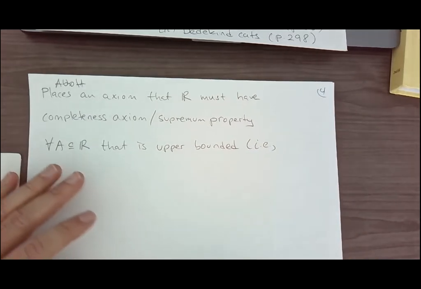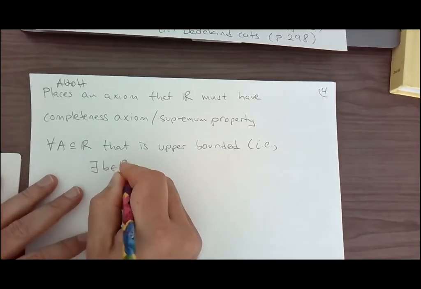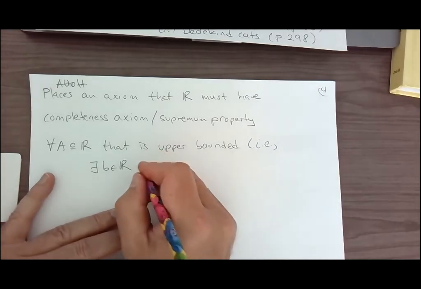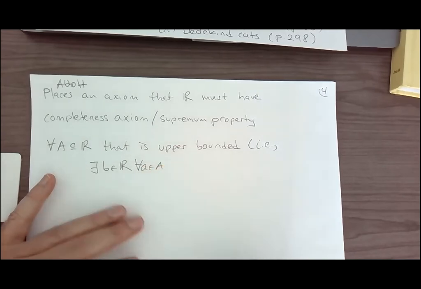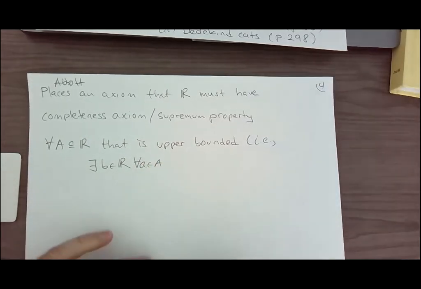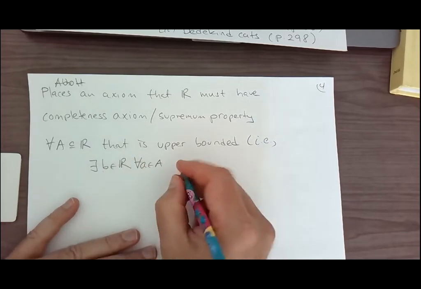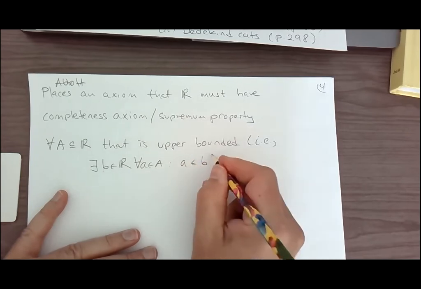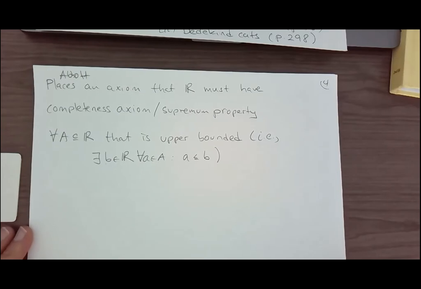Well, it just means that there is a B in R such that when I take anything inside the set, I'm less than that number. So there exists a B such that for any A inside the set, I will have that A is less than B.